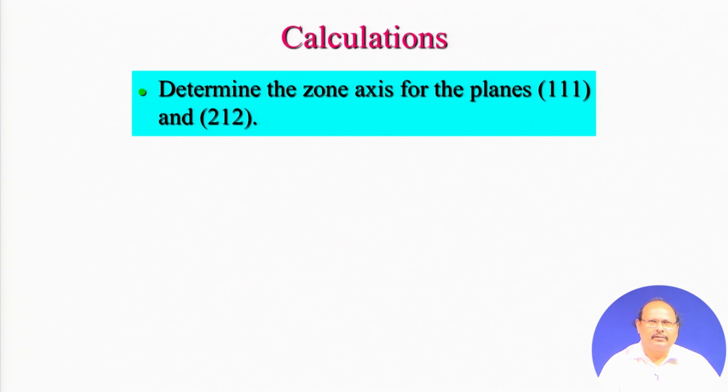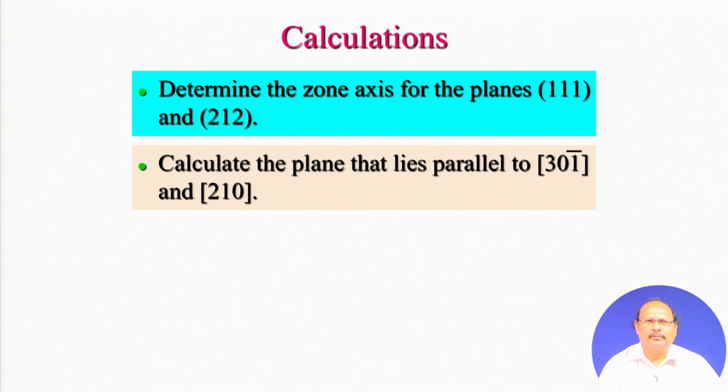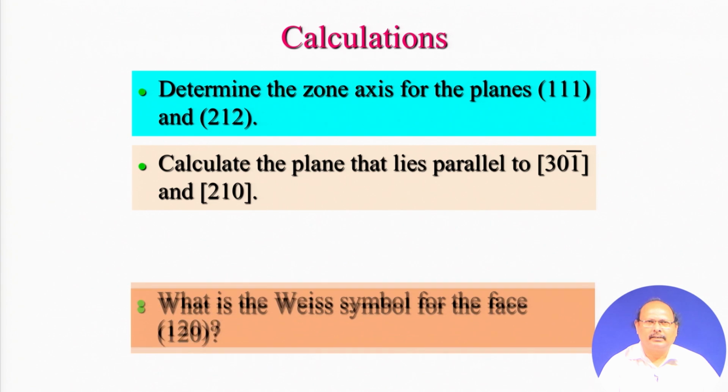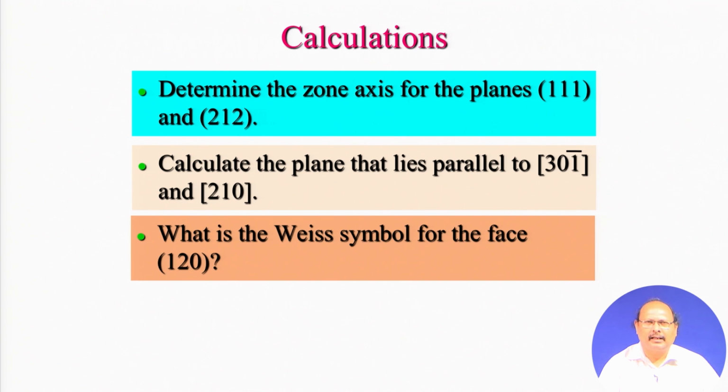Okay. So, now let us make some simple calculations here. Let us calculate the zone axis for the planes 1 1 1 and 2 1 2, and we also calculate the plane that lies parallel to 3 0 bar 1 and 2 1 0.